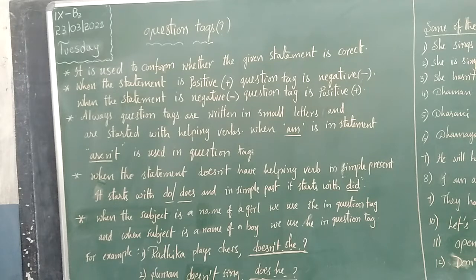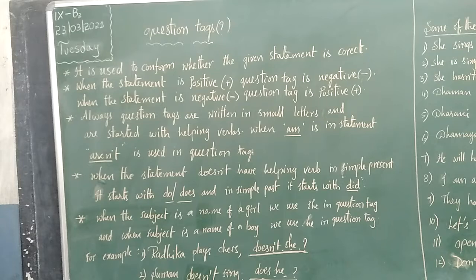Okay, and they start with helping verbs. Generally, these question tags start with helping verbs. If there are any helping verbs, we use them. If there are no helping verbs, for example in sentences like simple present tense, simple past tense, and so on, we use do or does for simple present and did for simple past.